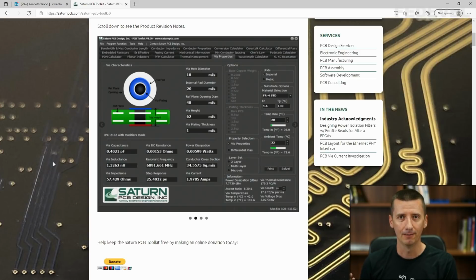For example, did you know that in this calculator it is also possible to calculate impedance of vias in differential pairs? I had no idea there is this kind of calculator. So I really hope you will find this video useful.